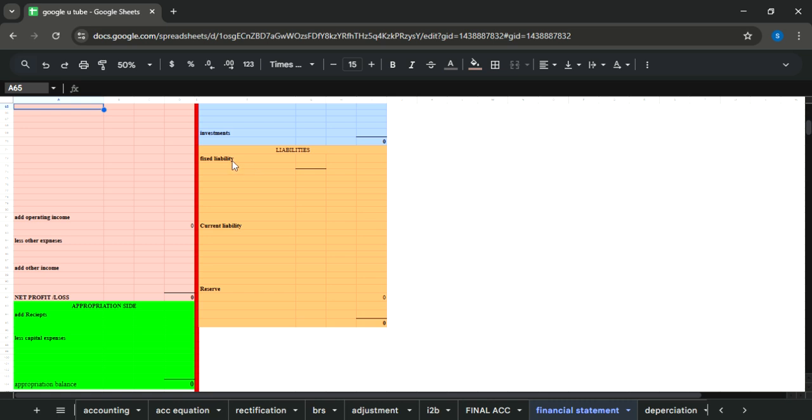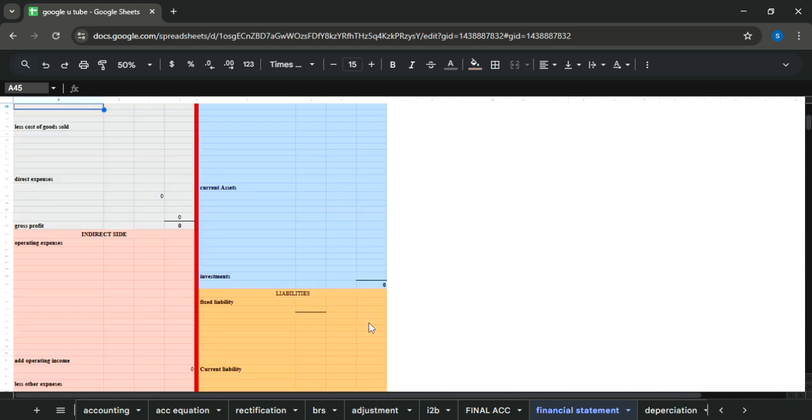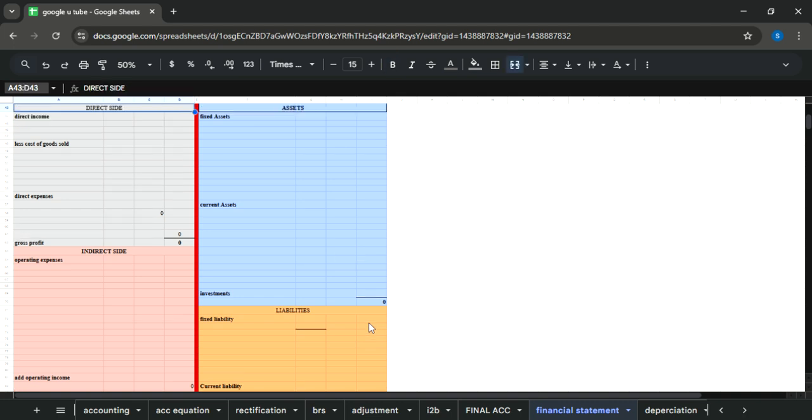After that, we will take the sum of fixed and current liability beside reserve to get the total of the liability side. This would also represent the total of the balance sheet. Last, we go to the asset side, where all fixed and current assets would be added beside investment.